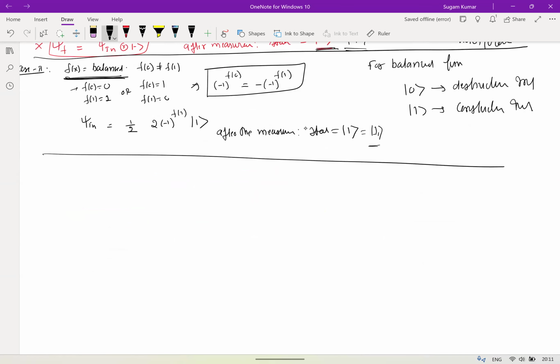Okay, let me further clarify a little bit more. See, when you look at this phi, let's talk more about the interference part. This was actually 1/2 of (-1)^f(0) plus (-1)^f(1), and this was the phase factor of the state 0, and plus (-1)^f(0) and -(-1)^f(1).